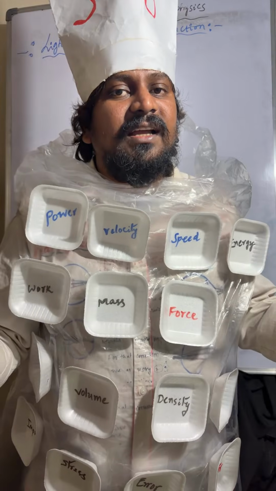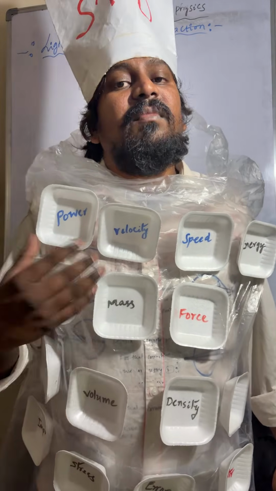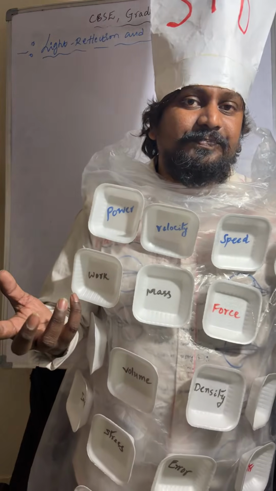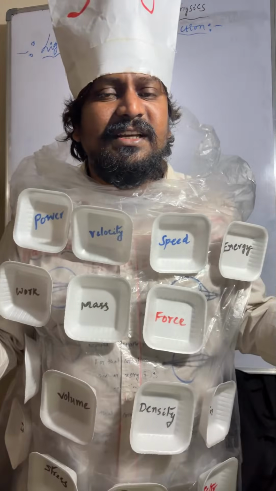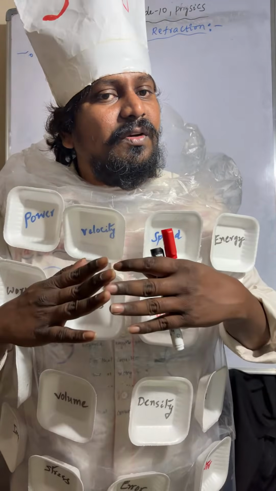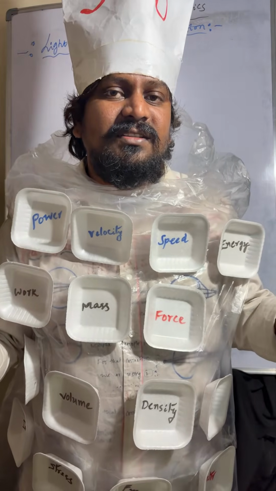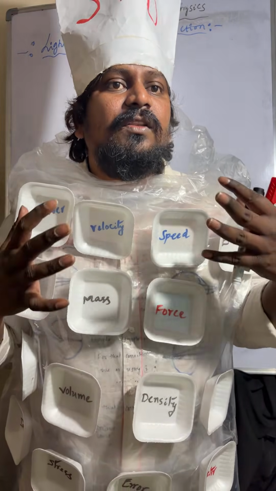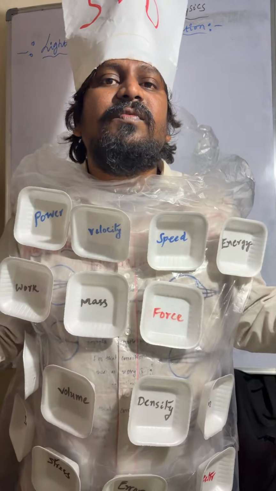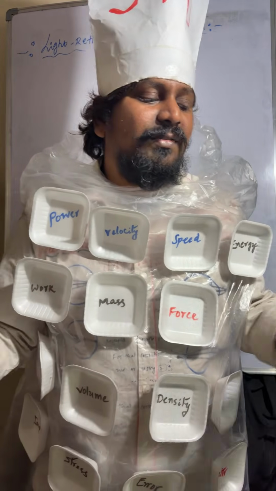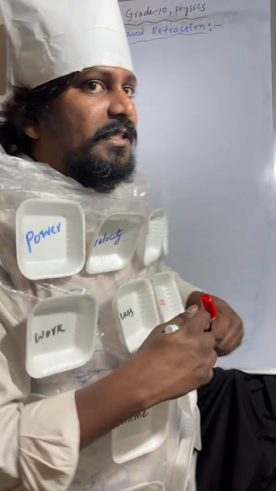That's why it is of converging nature. Coming to the convex mirror, whenever light rays are incident on it, after reflection those light rays will move away from the principal axis.